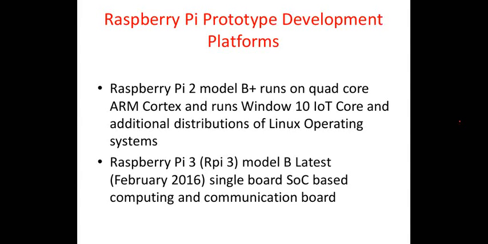Okay, welcome back to one more presentation on embedded platforms for prototyping. Previously we have seen the Arduino Uno, then your Intel Galileo and Intel Edison, right? Almost all have the same principle of working.